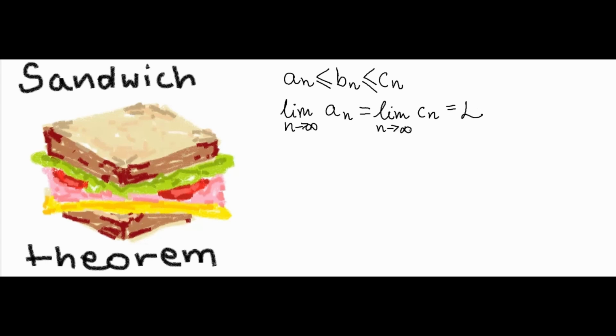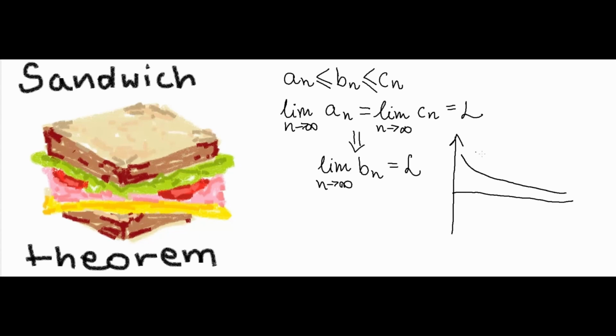And as you can see, if cn and an have the same limit and bn is in between those, that means that the limit of bn is also equal to L. You can see this relation on a graph, with an going to a certain number, cn going to the same number, and bn being in between them.